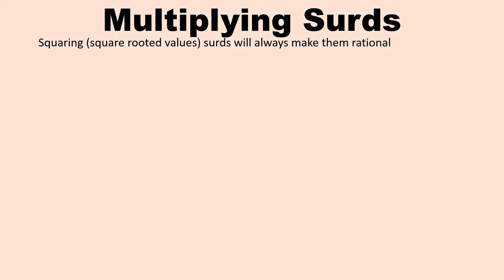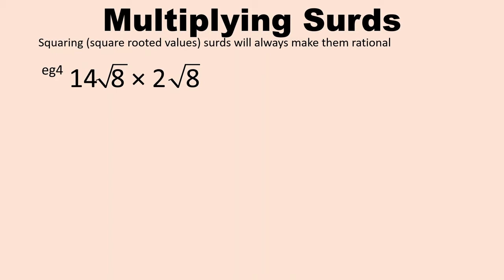You should always recognize that when you square a square rooted value, this will always make it rational. For example, 14 root 8 times 2 root 8. While we're doing our rational part multiplied by our rational part and our irrational part multiplied by our irrational part, you should notice that you're multiplying the square root of 8 times itself.